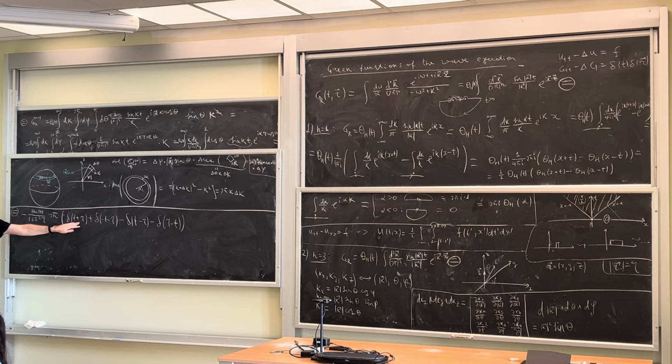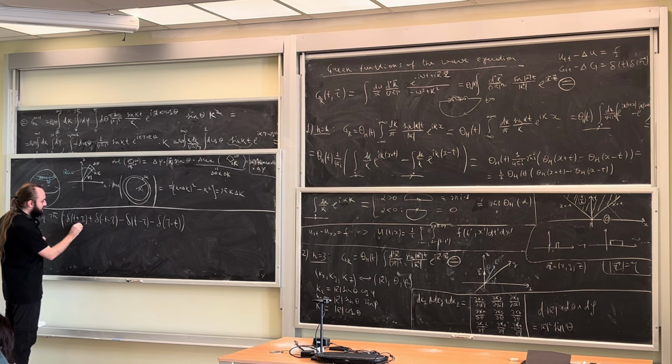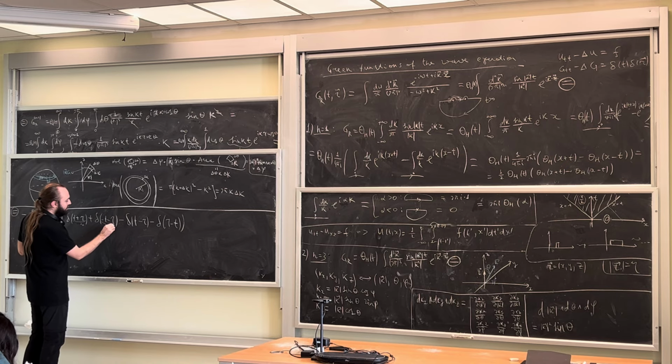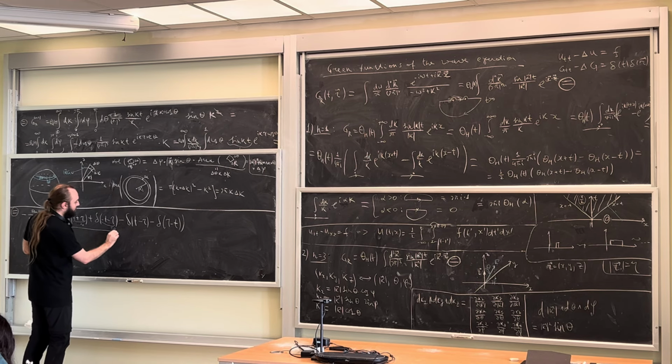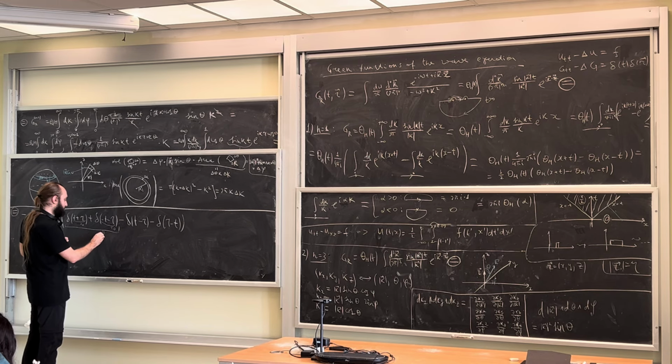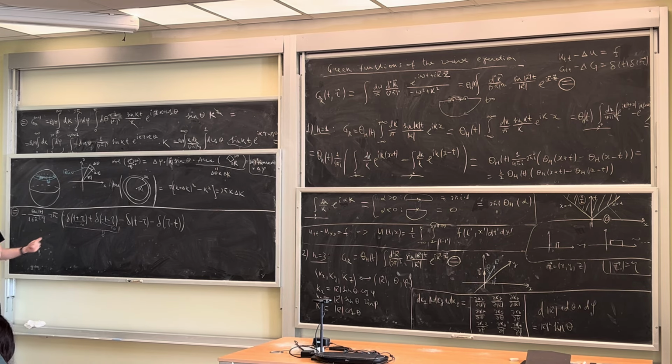So these delta functions can never be zero. So this is always positive. This is always negative. So overall, we can say that these two delta functions always vanish.